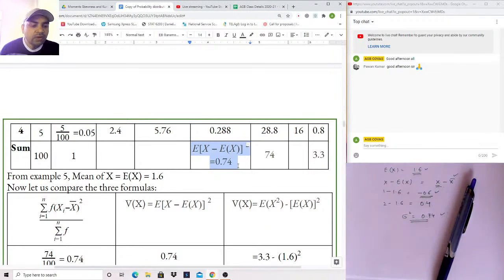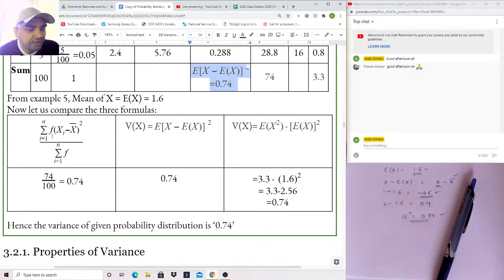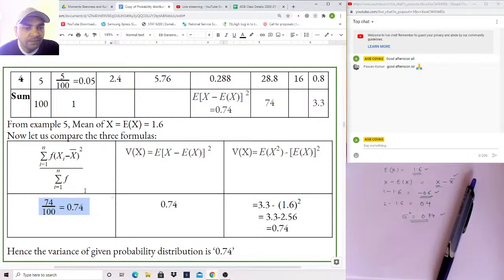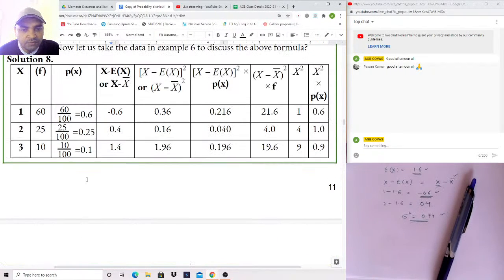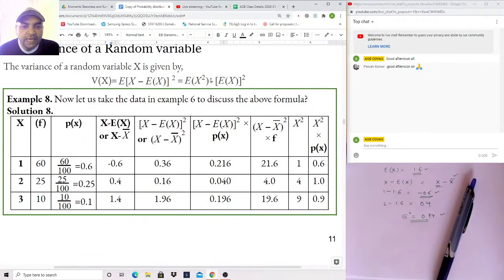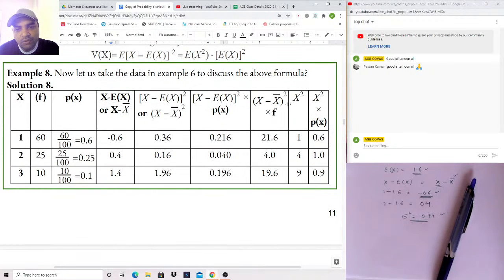Okay, you can do it using the formula from your previous class, that is sigma f into xi minus x bar whole square divided by sigma f. You will again get the same answer. Okay, so you can do that yourself. Now the other part, that is ex square minus ex whole square. So now this thing I have calculated here, this x minus x bar whole square.